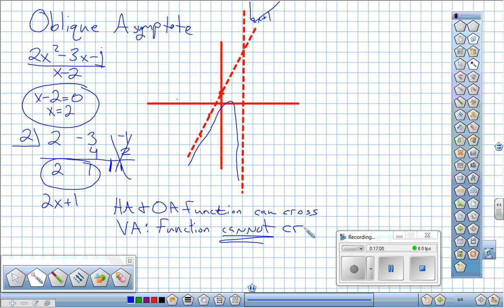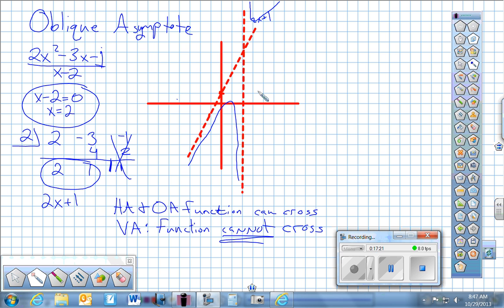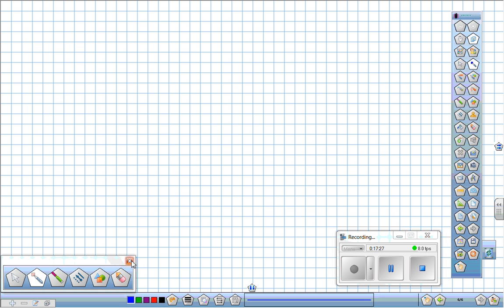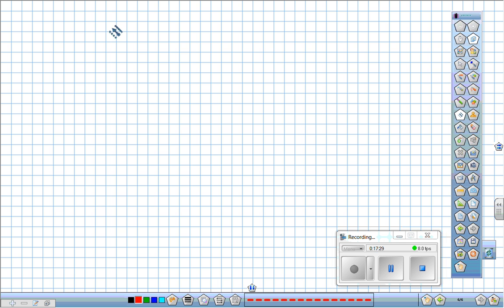It cannot cross it. So this is the vertical one. You'll never have anything cross it, but these others can kind of skip around on it. And what happens is they will finally even out to that piece, even if it's going up and down around.